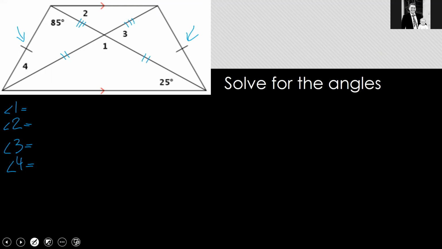All right, if this is an isosceles triangle here at the bottom, then I know that this is also 25 degrees, and I can take 25 and 25 away from 180 in order to solve for my angle measure for angle 1. That's 130. So I know this is 130 degrees, which means I also know this is 130 degrees.